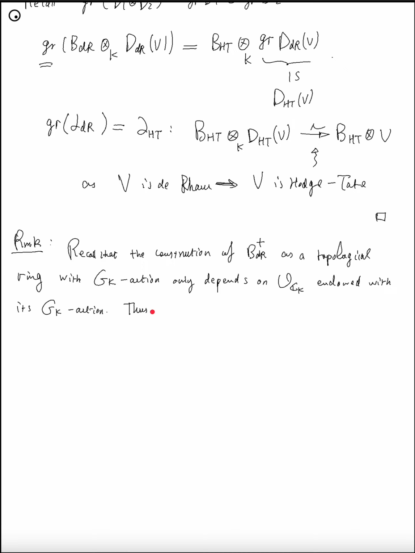Thus, replacing K with a complete discrete valued field K' in C_K has no effect on the construction, because it again has the same O_{C_K}. In other words, O_{C_K'} is O_{C_K}.